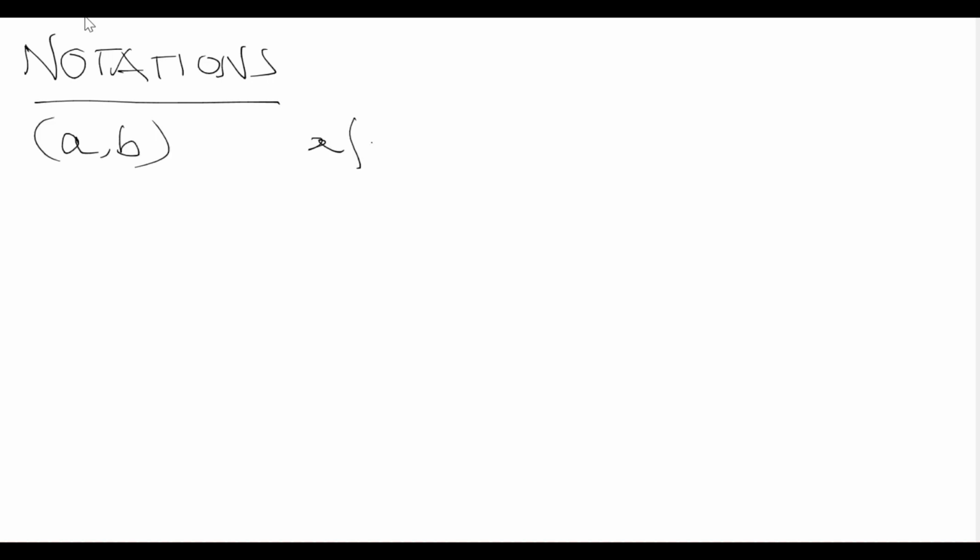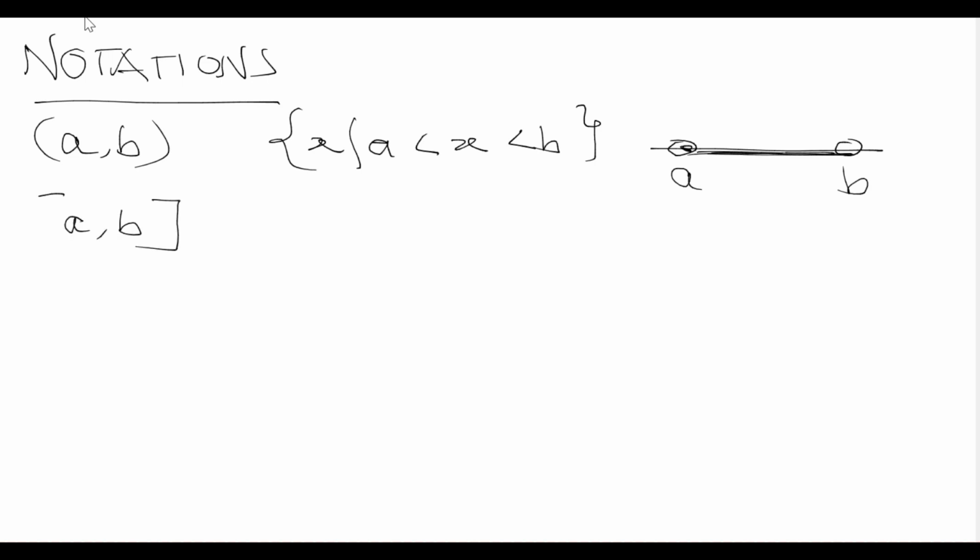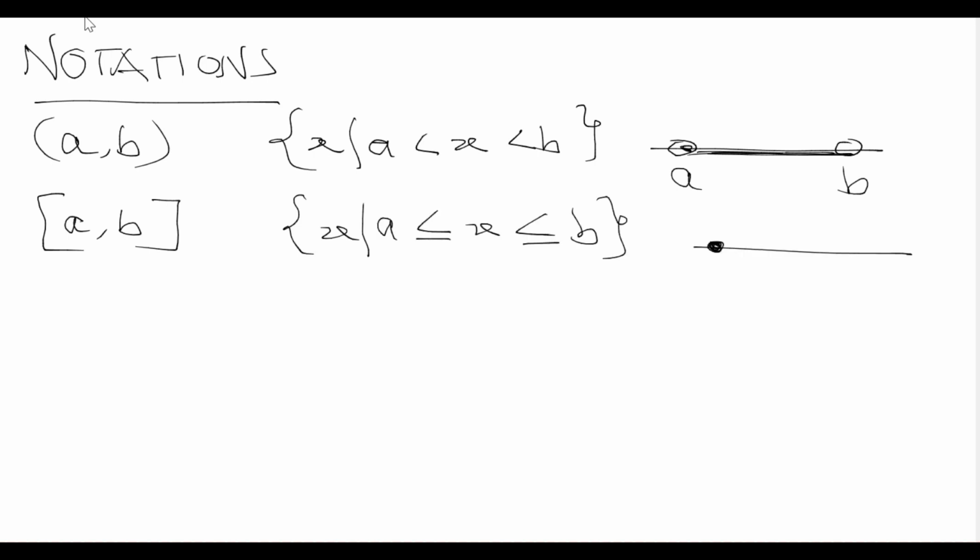Then now we can go on and look at the notations for intervals. So for the interval from a to b, remember these brackets: when you have the square brackets, it means that you're including the points themselves.